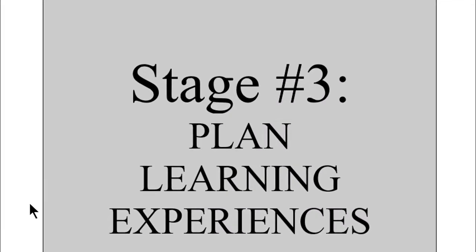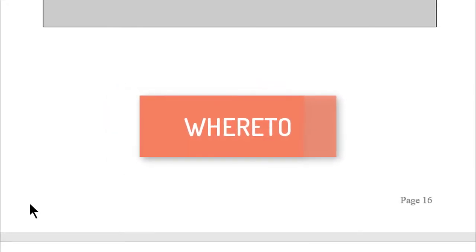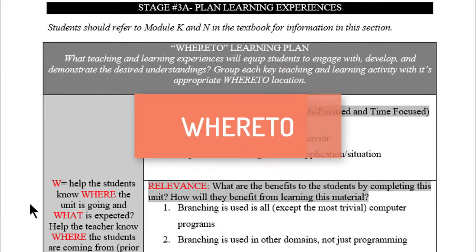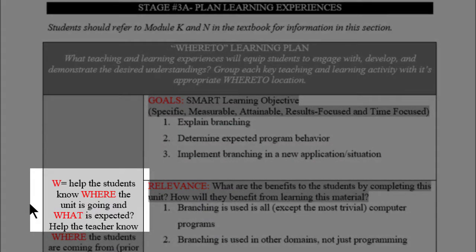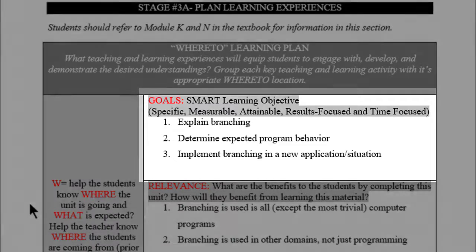And here we are in stage 3 of the document where we plan learning experiences. We will use the abbreviation WHERETO to help inform the various components of our learning activities. In this first section of the document, we talk about the W. Where, why, what. This is further broken down into goals in the SMART format.